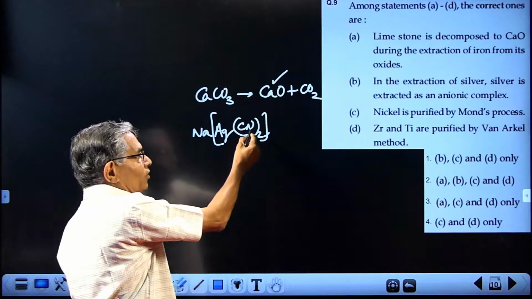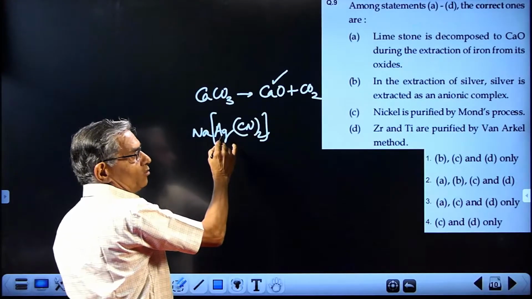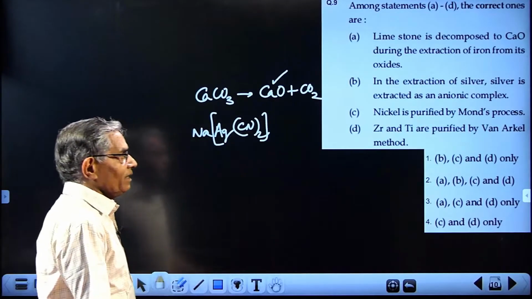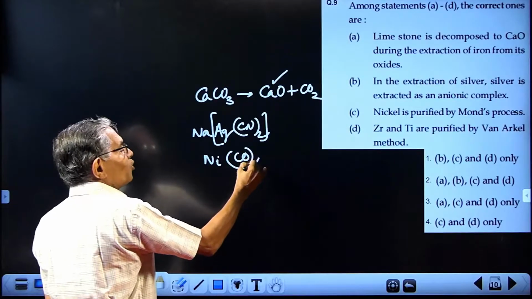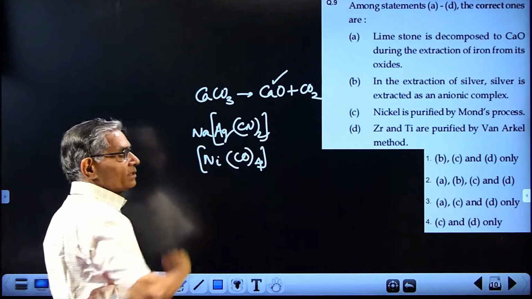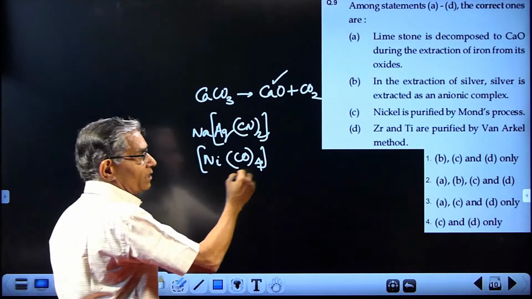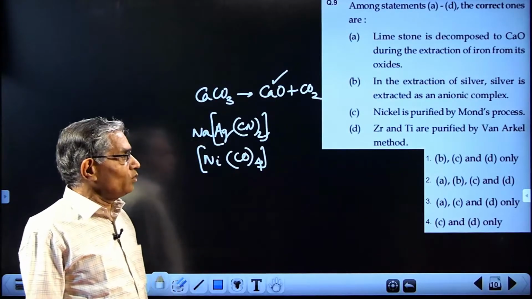It's an anionic complex, dicyanoargentate complex. Nickel is purified by the Mond process, correct, because nickel can form a carbonyl with carbon monoxide, which can be heated to produce pure nickel. That method is called the Mond process. Therefore, C is also correct.